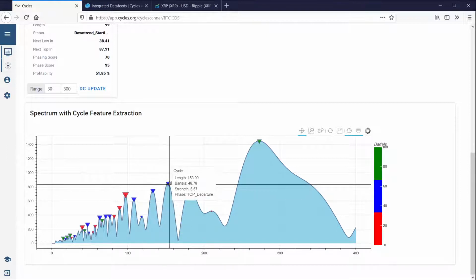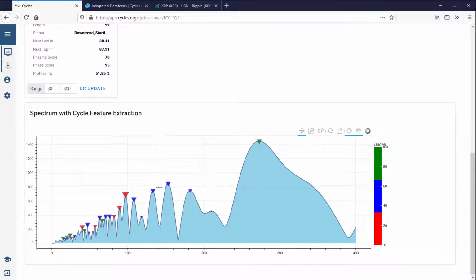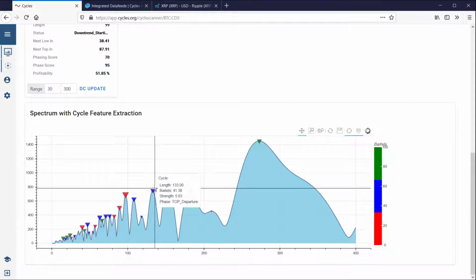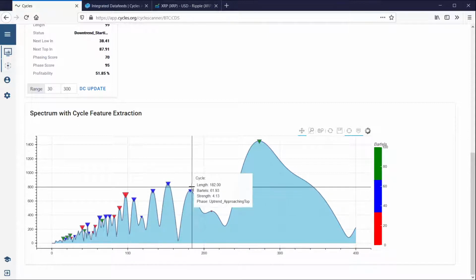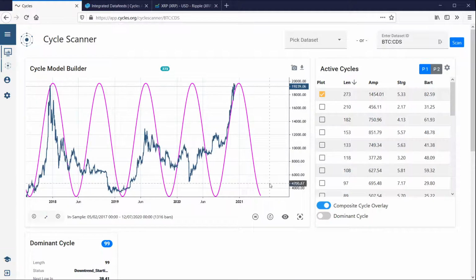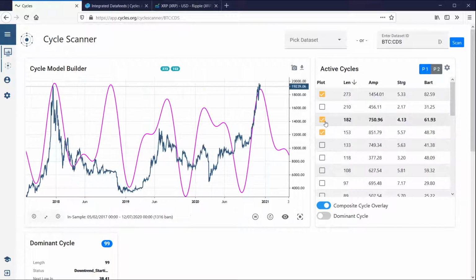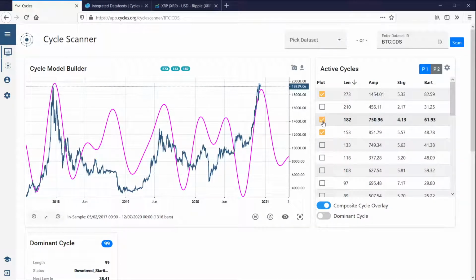We have then the lengths of 153, 133, and 182. We could try to add these cycles into the mix, which even more align to the major turns in the market. If we just check Bitcoin, now it's quite well aligned with major lows and highs in the market.